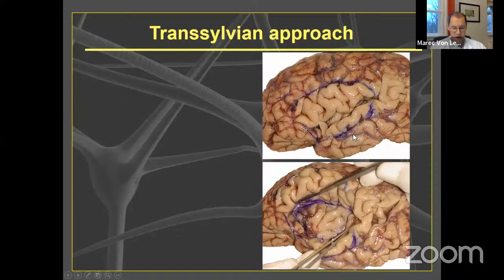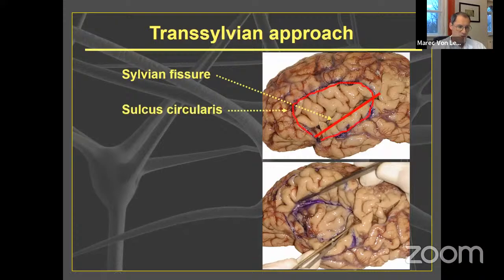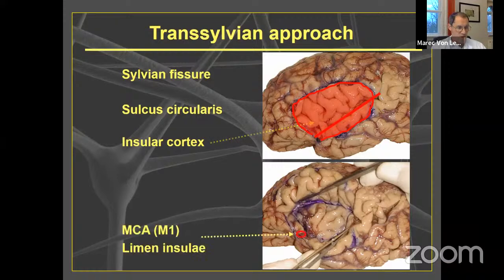You see the Sylvian fissure and open it to expose the insular cortex. You need the whole sulcus circularis for the approach to the ventricle, and one of the major landmarks is the MCA, the M1 branch, where you follow the vessel to the mesial aspect of the hemisphere.